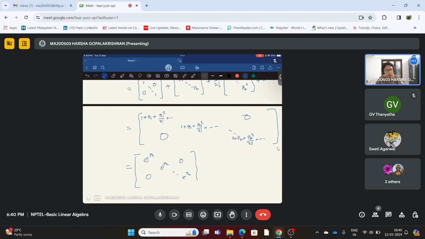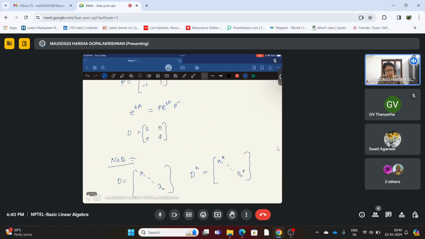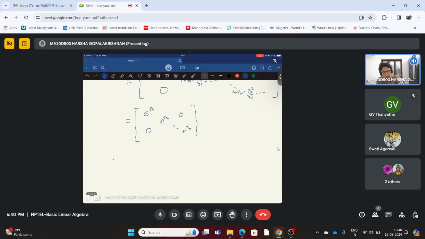So this is a very simplified case: instead of finding e power A directly, we first simplify in terms of D, and e power D is very easy to find. Now coming to the question, we got D as this. Now what is our e power tD, or what is our e power D?